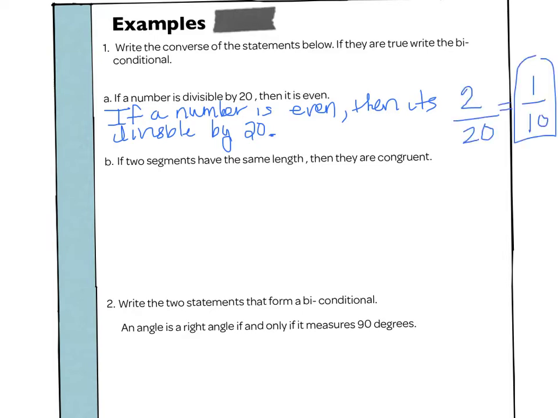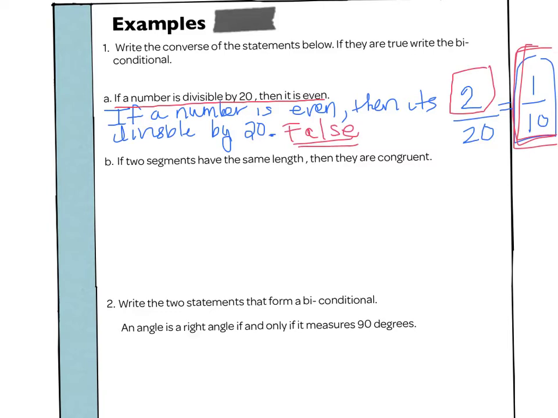Here's my counterexample: 2. 2 is even, and if I divide 2 by 20, I'm not going to get a whole number. I end up getting a fraction, 1 over 10. So that makes this statement false. The original statement was actually true, but the converse is false.